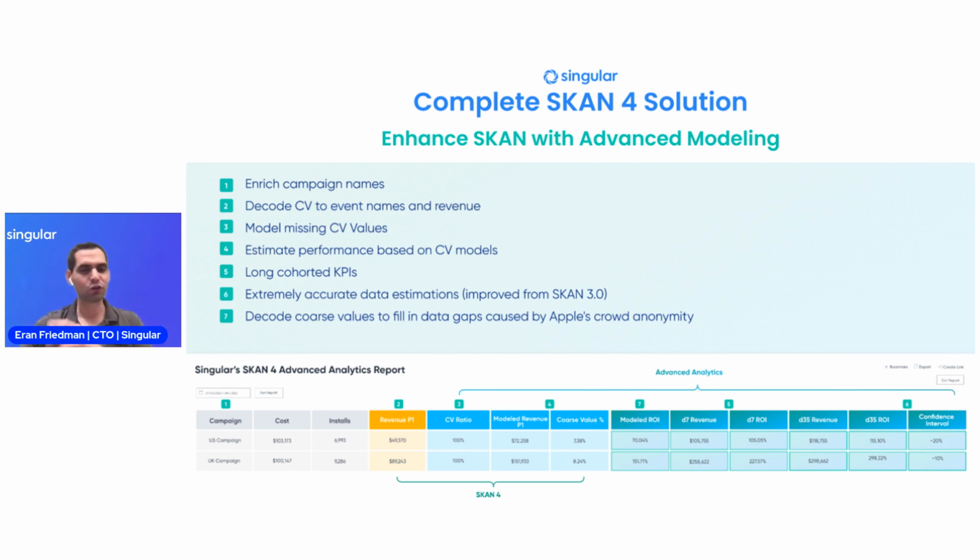So if you use the conversion models the best way, and use this to send conversion values for 7 days and 35 days, then I assume it's probably difficult to see on the screen, but you see the granular reporting: the cost, the installs, the campaigns, the revenue at the deepest granularity possible, but also the modeled revenue and ROI for your 7-day cohorts and your 35-day cohorts. This is really something that gaming developers were expecting or needed to see for SKAN, because a lot of the signal can affect your overall performance on SKAN and allow you to acquire more users because you see that they're really valuable after longer periods of time.